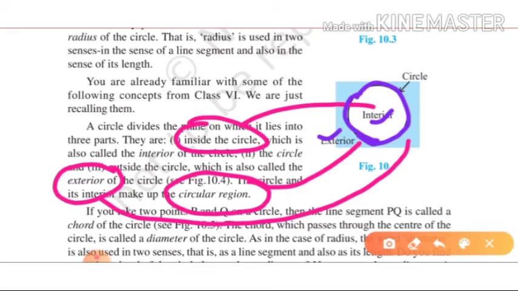So there are three parts: inside the circle, interior; outside the circle, exterior; and on the circle. And the interior part and the boundary of the circle together form the circular region.